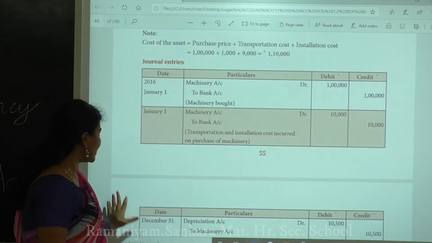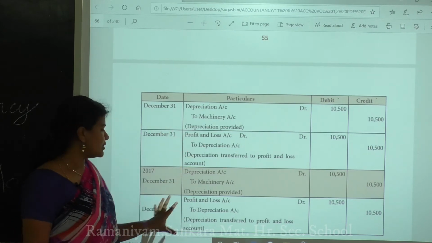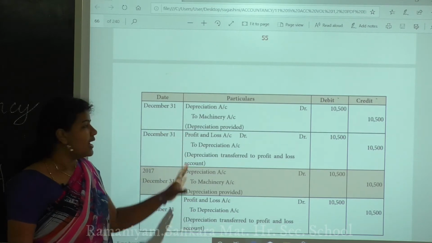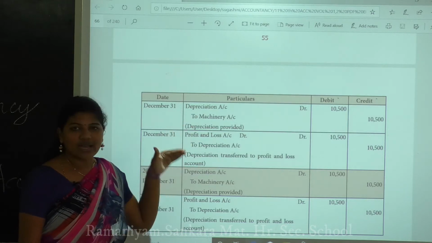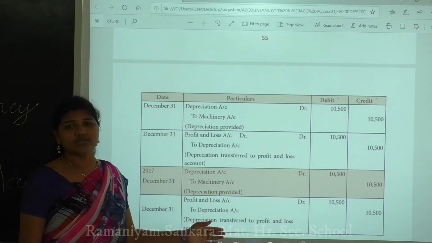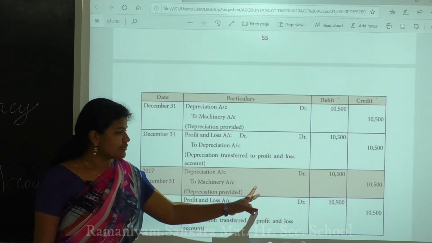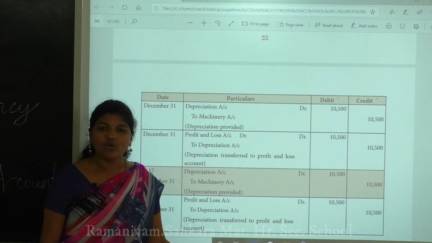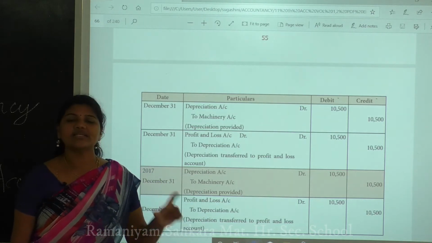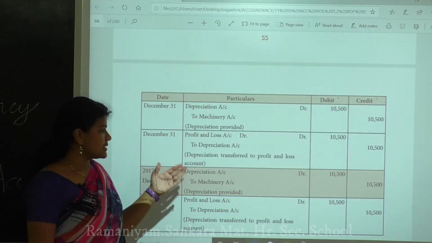After that you have to write it for 2016, and after that for 2017. The same entry you are writing, you have to write in the other year also, with the same amount. If the amount is different, you write a different amount, but in the straight line method the same amount will come year by year. So this first sum is completed.